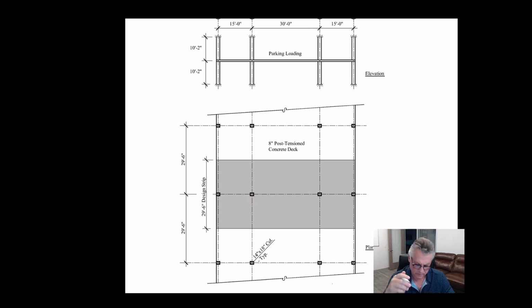We calculate, and this is where my dad stepped in and decided what to do. Now the code, in my opinion, is very unclear on this. And I'll show you what my dad did in PT data and why I think he's absolutely right and why he did it. We are going to include the secondary moments and shears in this calculation.